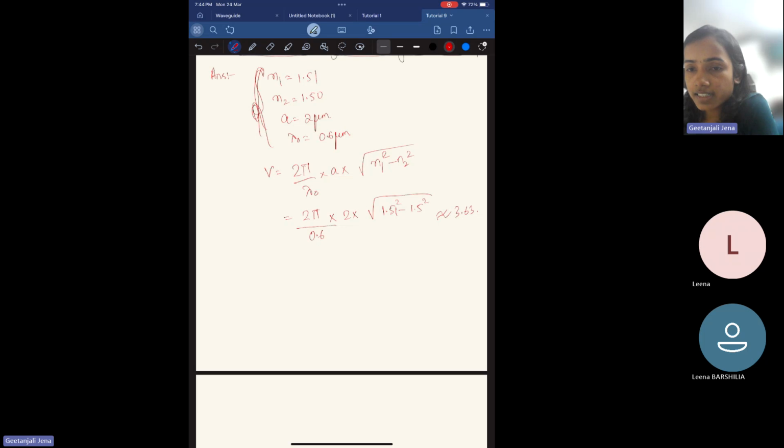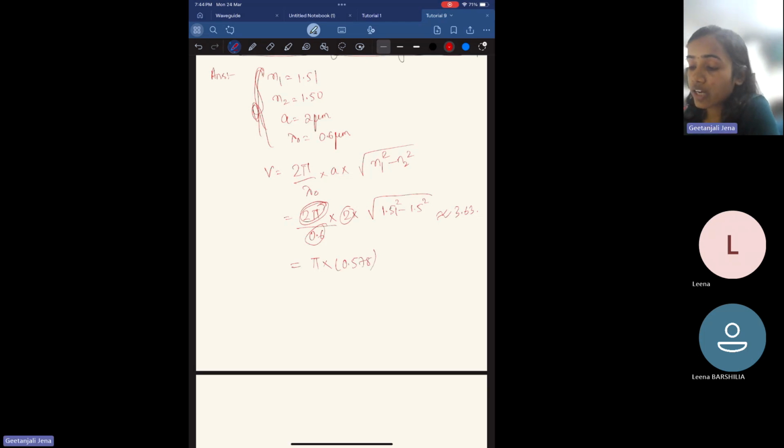So is it clear, or do I need to explain? All the things are given, so you just need to put them in. So to find out the number of modes, what do we have to do? Instead of calculating V by multiplying all the parameters, just separate the pi here. So pi and the other terms will give a value of 0.578.